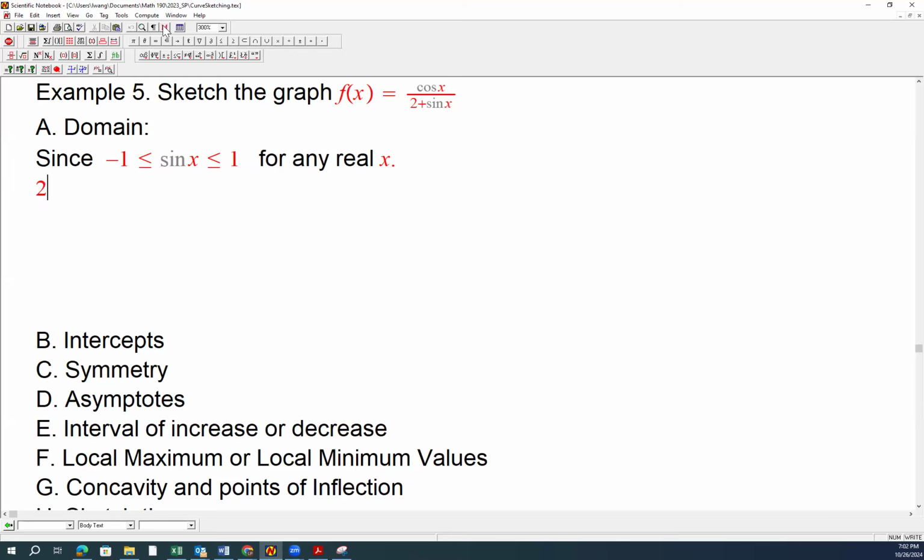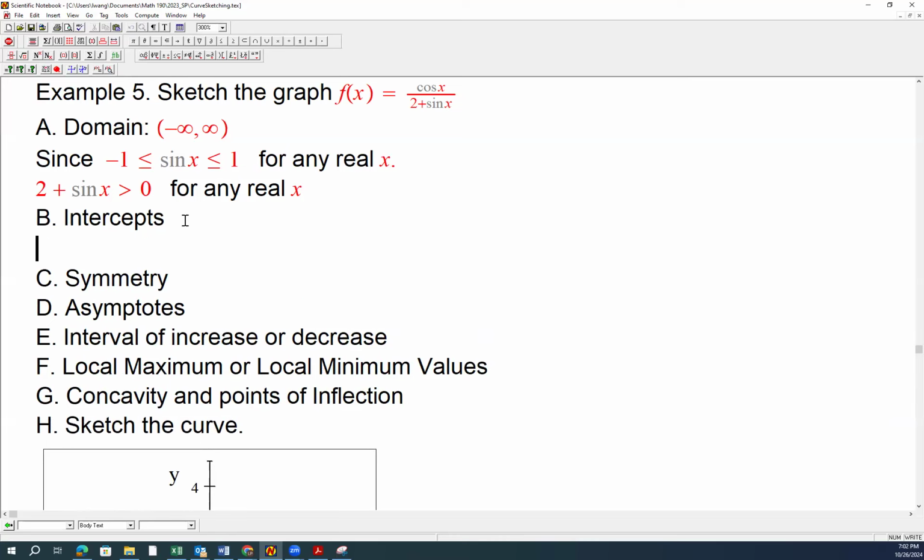Therefore, 2 plus sine x is always positive, so it's guaranteed. This will be true for any real number. This basically tells us the domain for the given function is going to be all real numbers. So this is how we use the knowledge we learned about domain and range for sine and cosine here.